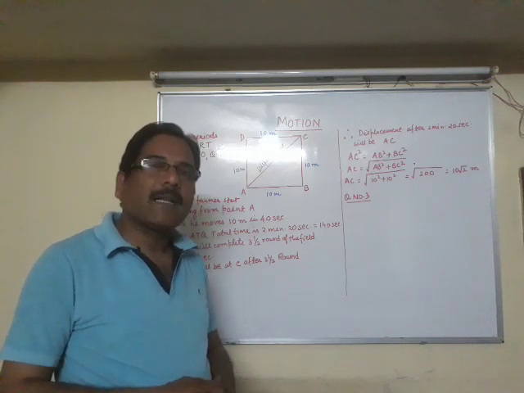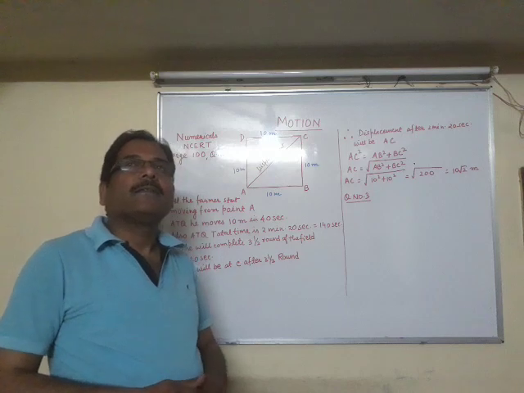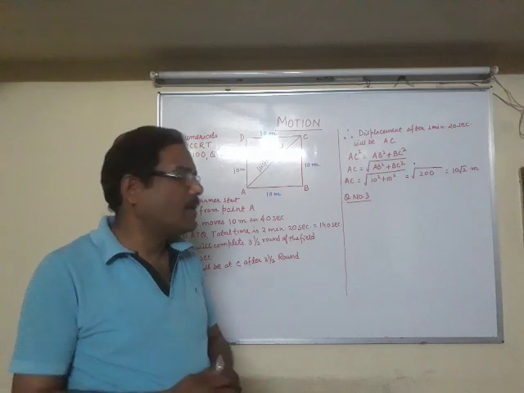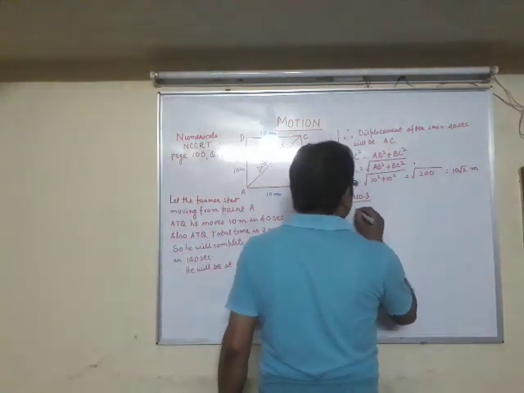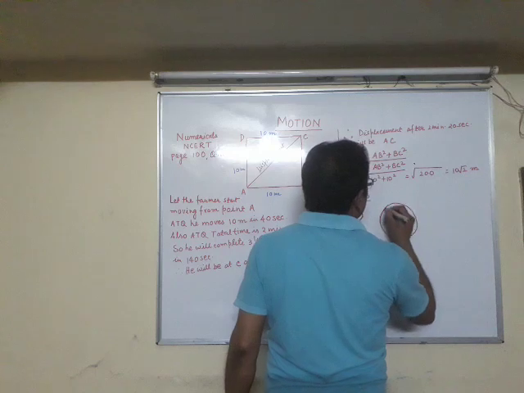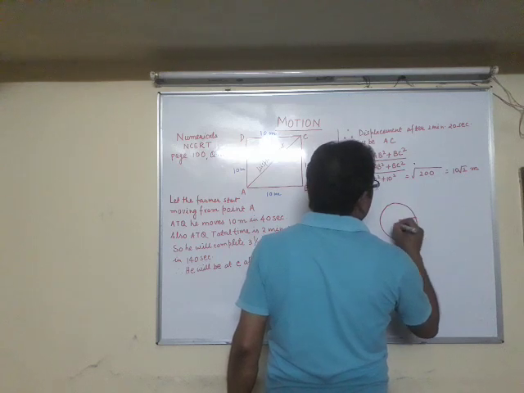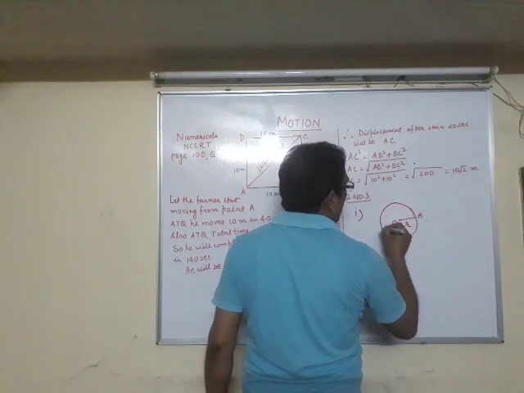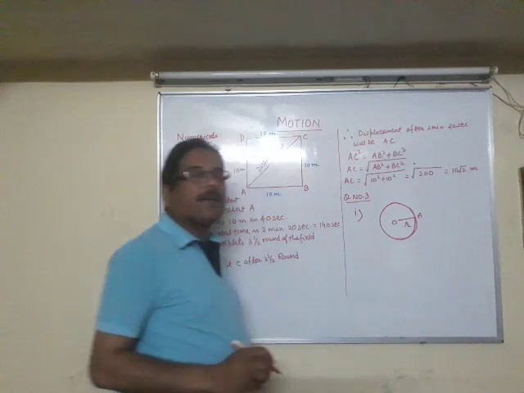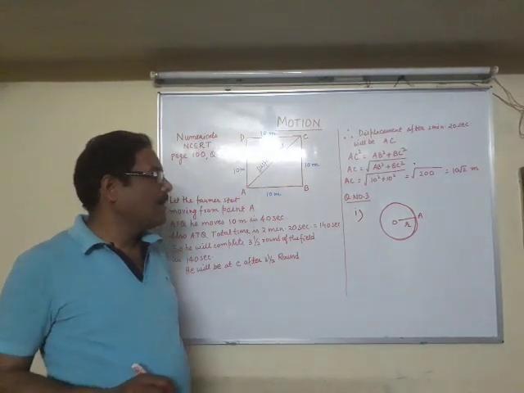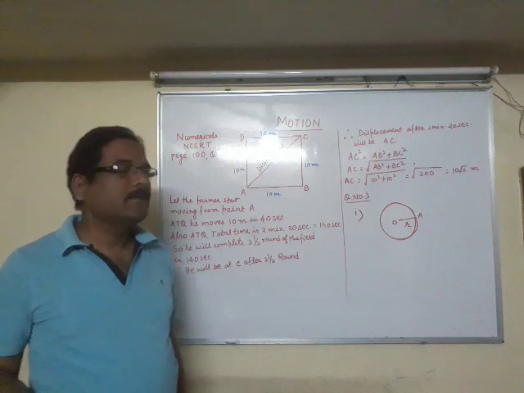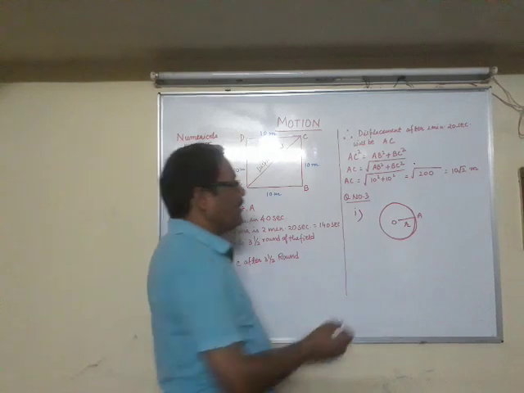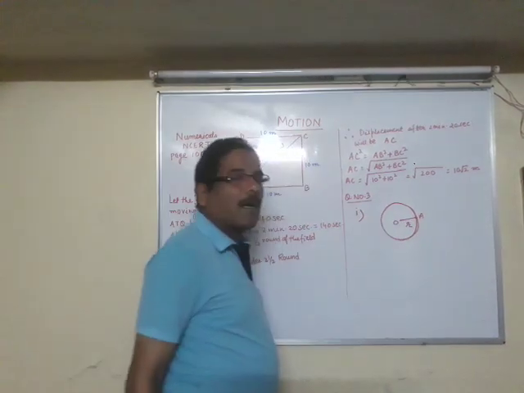In the last class we discussed that suppose a body is moving in a circular path. The radius of the path is R, center O, and we start moving from A. After one complete round, as we calculated, the distance is 2 pi r, simply the circumference of the circle, but displacement is 0 because the initial and final positions are the same.